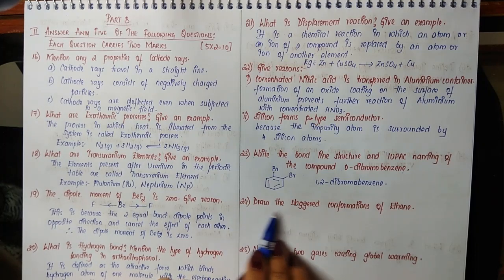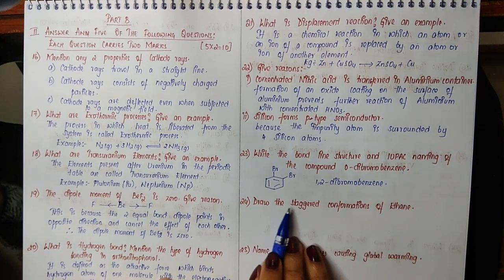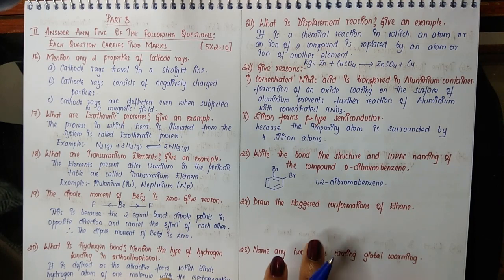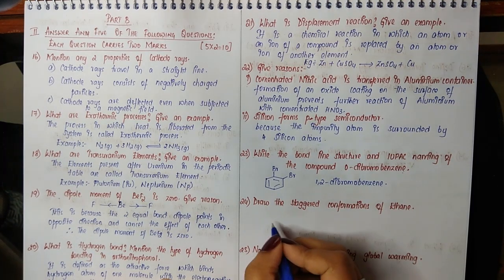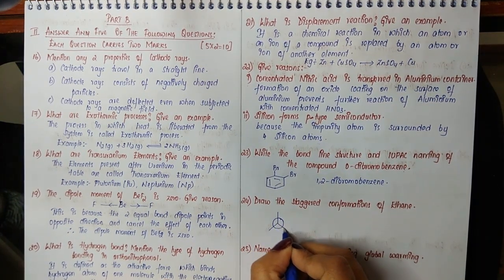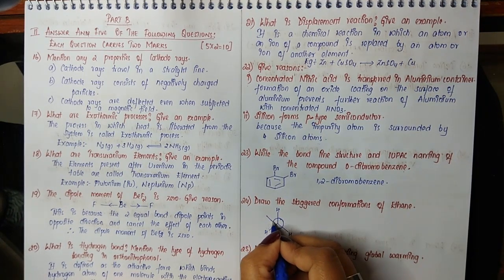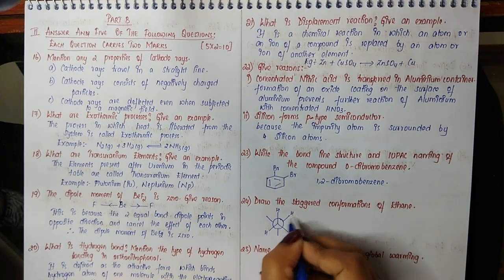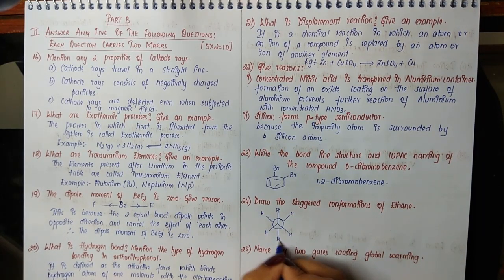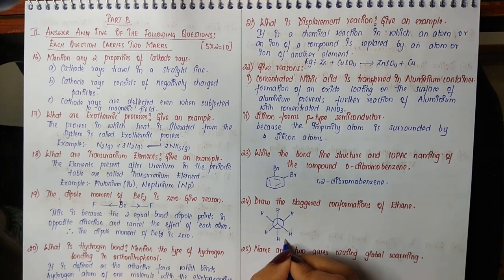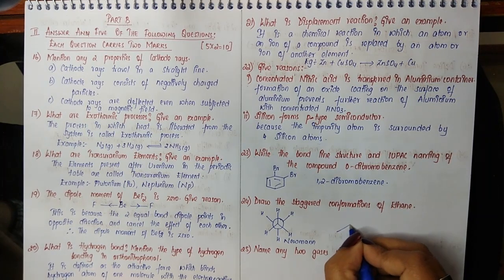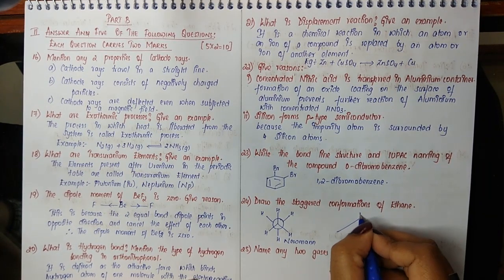Now the 24th question is draw the staggered conformation of ethane. Because they have asked staggered conformation, we need to write both of it, one Newman and the other one Sawhorse. So we'll write here for the staggered, so this one. This is going to be the Newman projection, and this is going to be the Sawhorse projection.